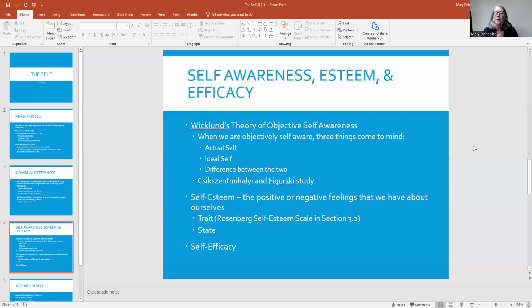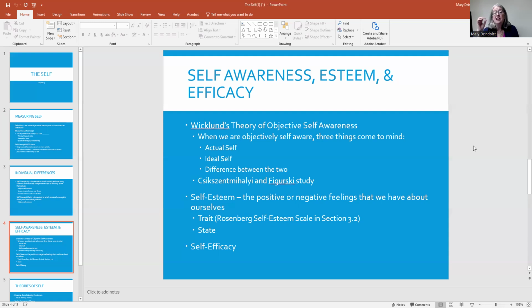The more self-aware people are, the research shows, the more accurate they are at predicting their behavior in a whole bunch of different situations, the happier they are, and the more resilient they are. So being high in self-awareness is really important. If you have low self-awareness, that's something you want to work on. And if you really think yours is low, therapy is great at helping someone become more aware.